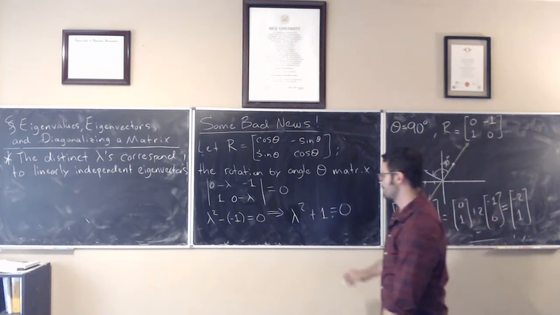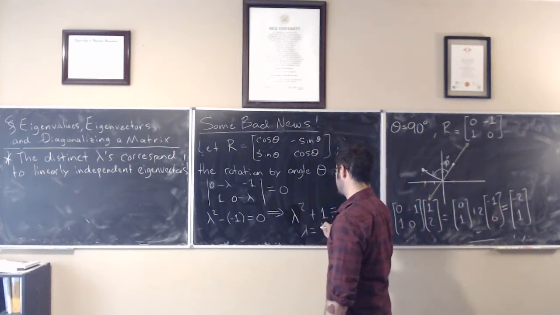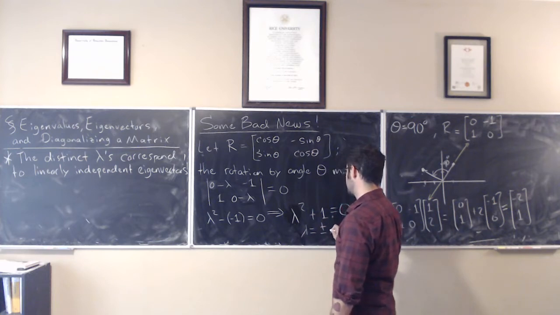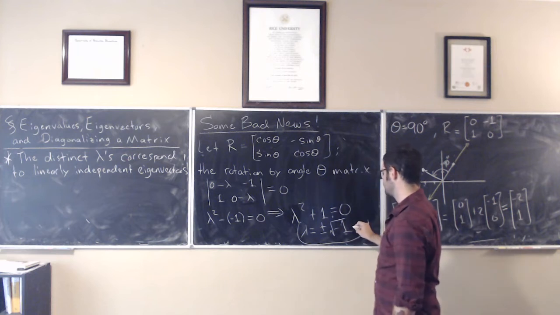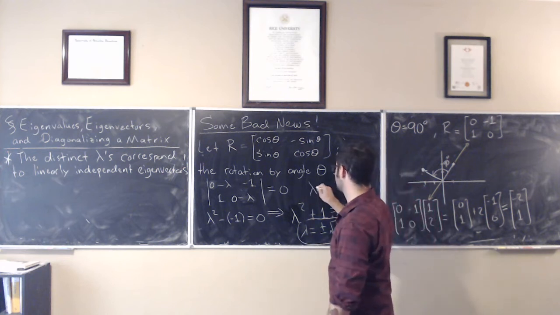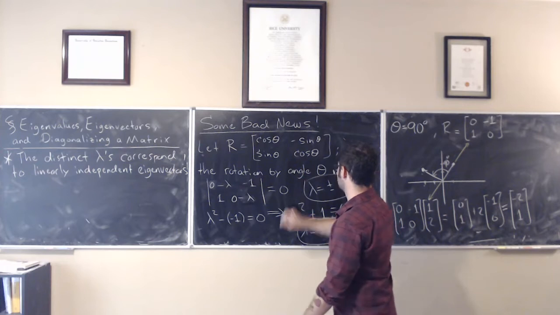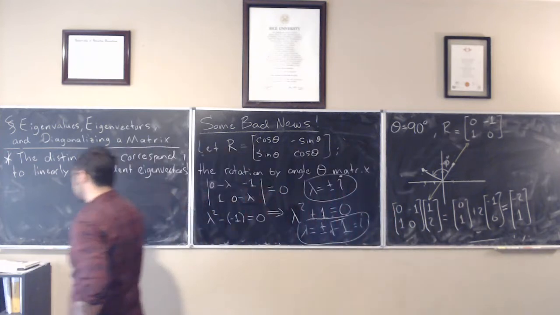Oh, that means that lambda is equal to plus or minus the square root of -1. And this is just equal to i, right? Plus or minus i. That's the bad news.